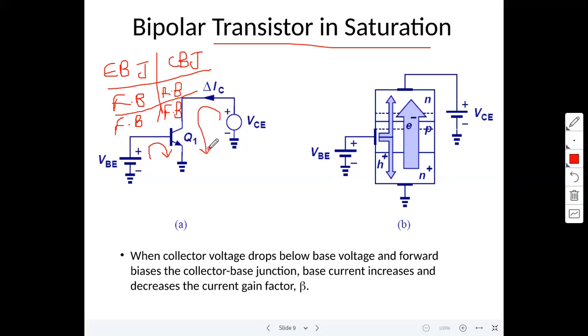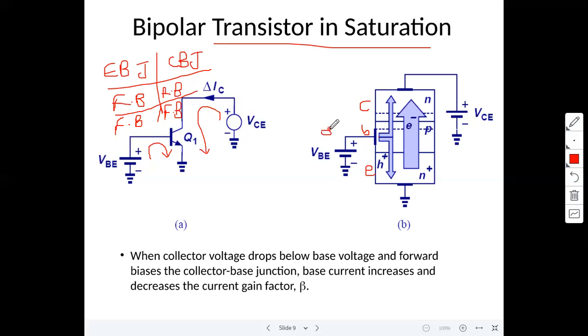But here in the active region, observe the base. This is the emitter, this is the base, and this is the collector. Now you can take some values.